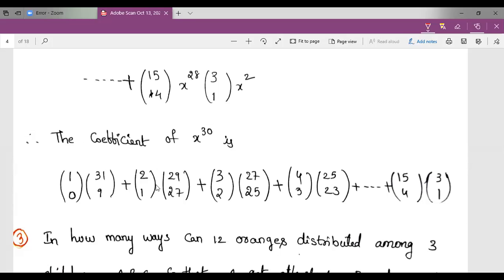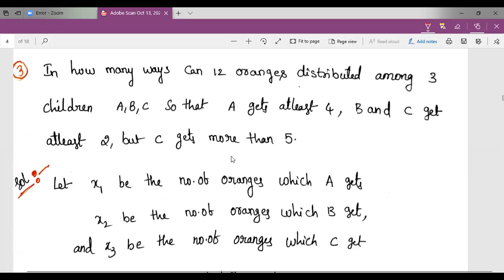Okay. Next problem. In how many ways can 12 oranges be distributed among 3 children A, B, C, so that A gets at least 4, B and C get at least 2, but C gets more than 5.